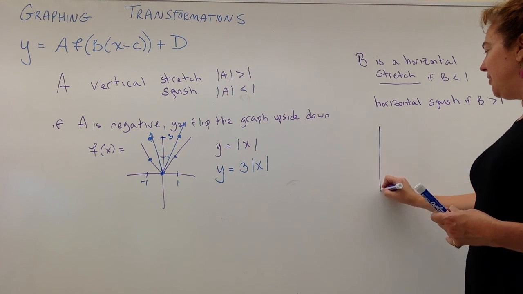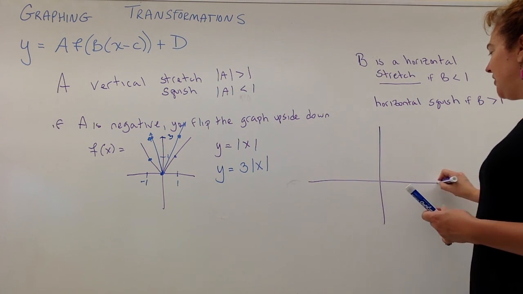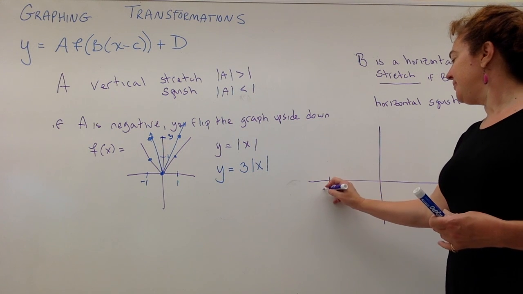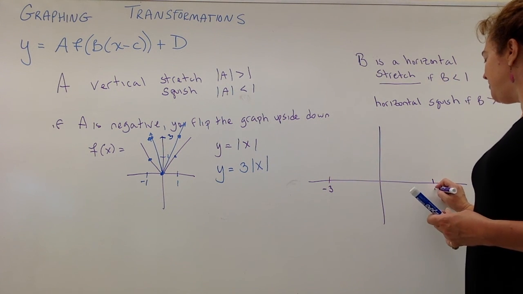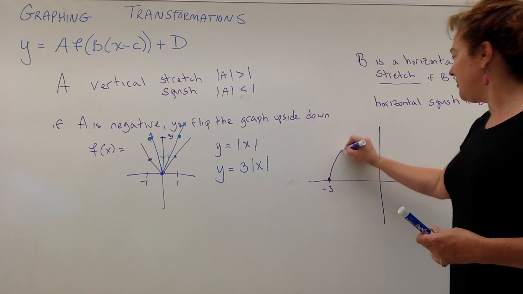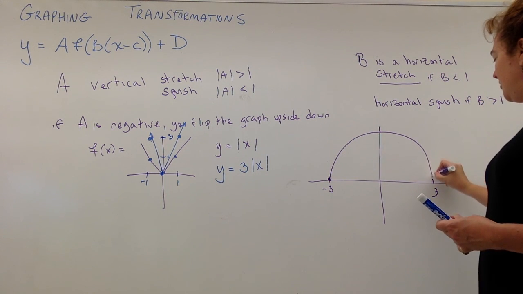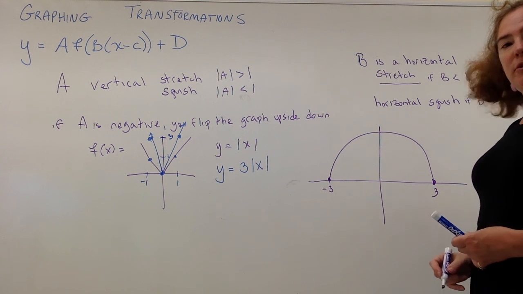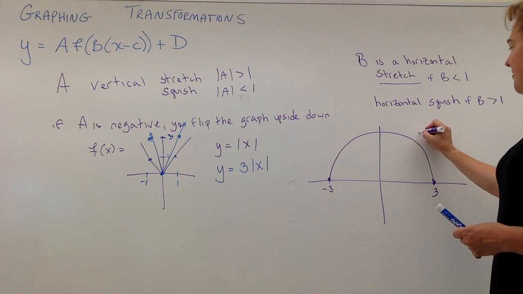So for example, let's look at f of x from negative 3 to 3. This is the easiest way to demonstrate this one, is just graphically. So here's a semicircle, okay? And this is f of x.